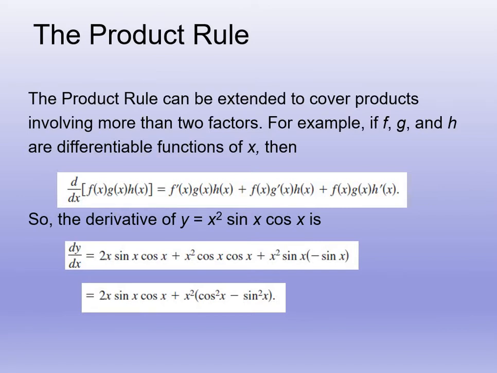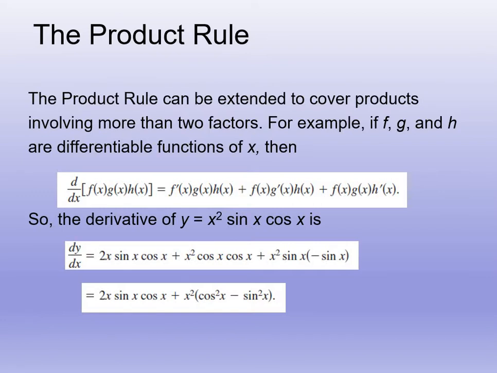So it would be 2x, which is the derivative of f of x, times sine of x, cosine of x, those are the original functions, plus the original function x squared times cosine of x, which is the derivative of sine of x, and then times cosine of x, that was the original h of x, plus x squared times sine of x, and then we take the derivative of the last function there, cosine of x. The derivative of cosine of x is minus the sine of x.